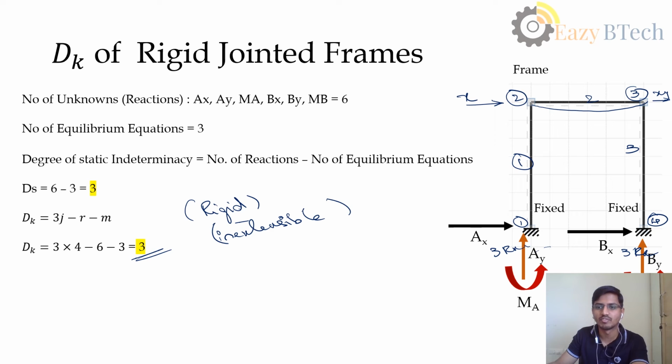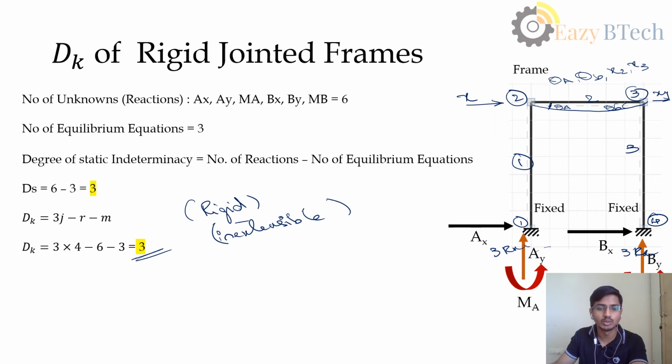We assume it is rigid, so rotation theta A takes place, rotation theta B takes place, and we get theta A, theta B, and x at node 2 and x at node 3.